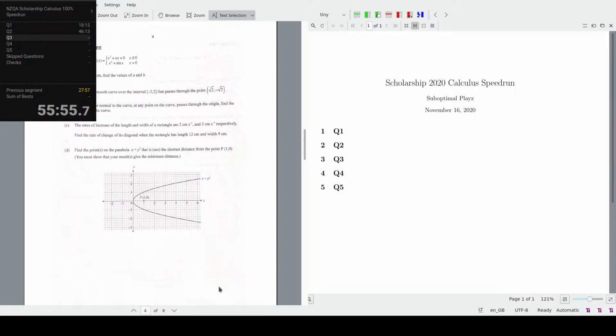Sub those in. At w, l is equal to 9, 12. d is equal to 15 by Pythagoras.